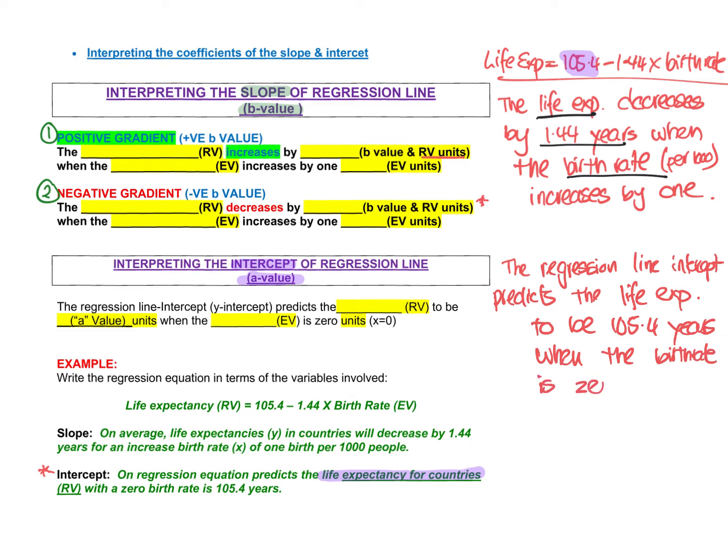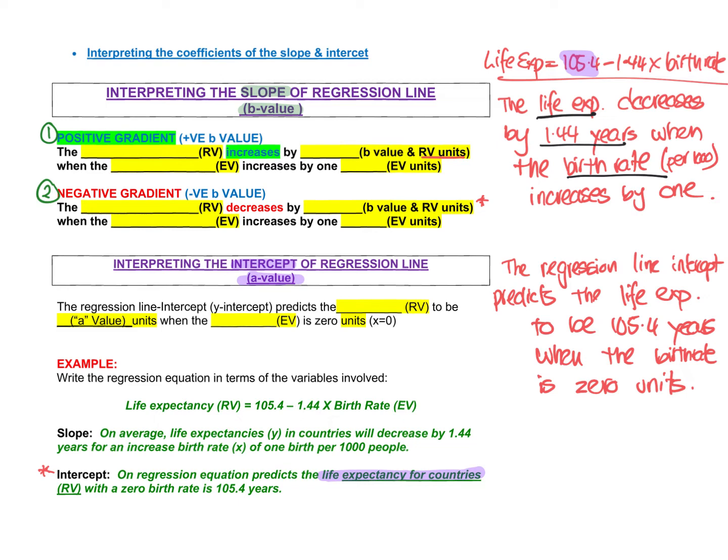is 0 units, okay? So that's just simply means if there was a country not having any more birth, like none of their people were having births, they're saying that those people would live to 105. That's what it's saying, okay? So we saw it's negative. The higher the birth rate, the less likely the life expectancy is decreasing.